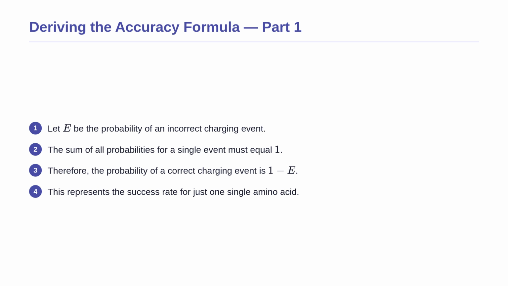In basic probability theory, the sum of all possible outcomes for a single event must equal exactly 1. Therefore, to find the probability of a perfectly correct charging event, we simply subtract the error rate from 1. This gives us the expression 1 minus E. This represents our baseline success rate for attaching just one single amino acid correctly.